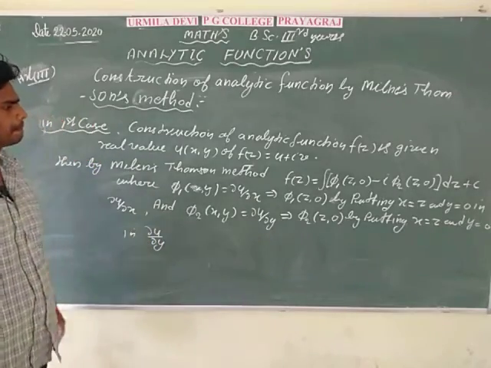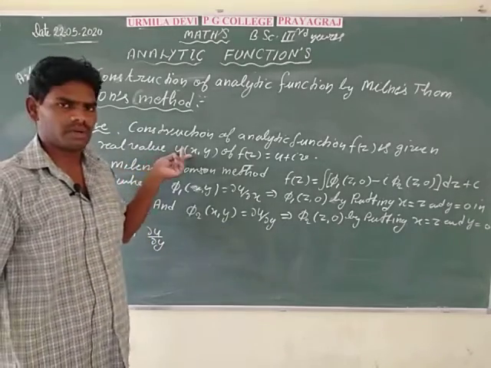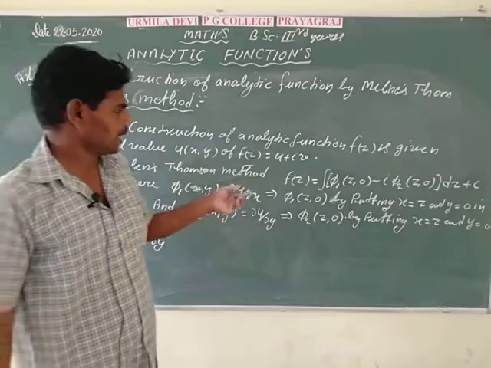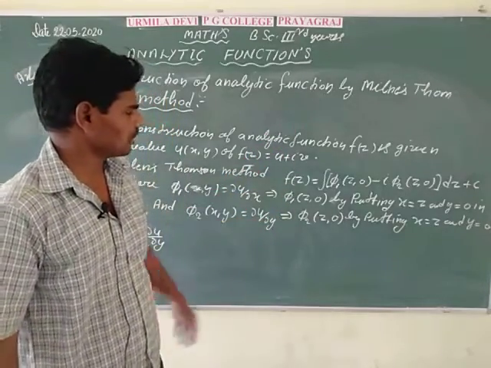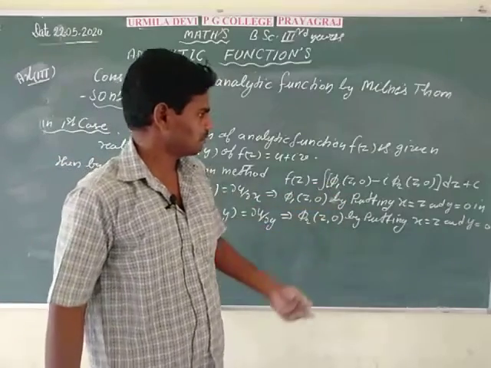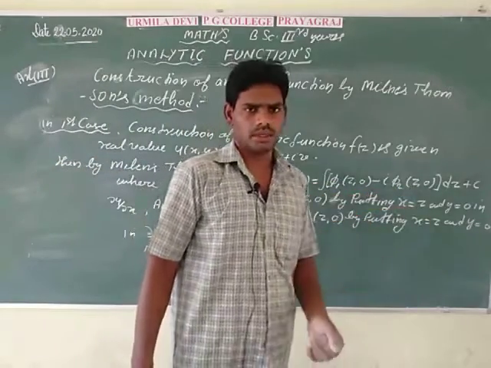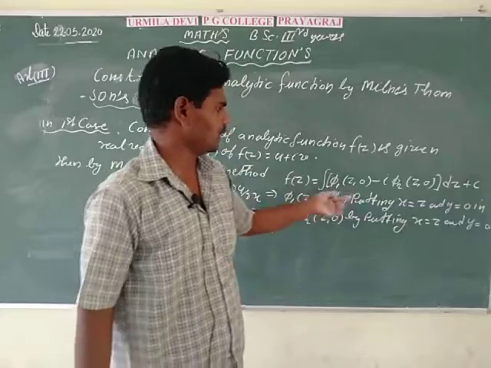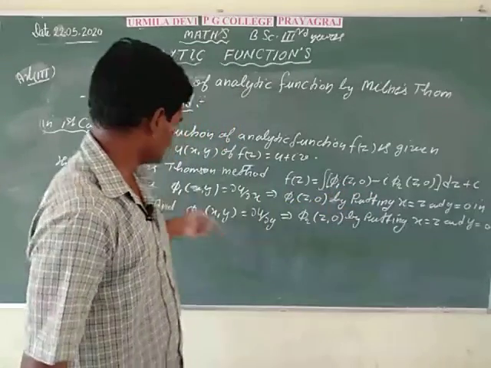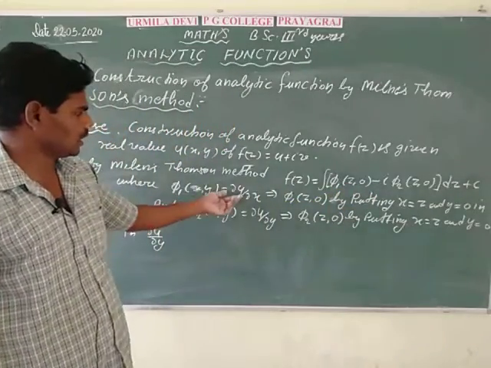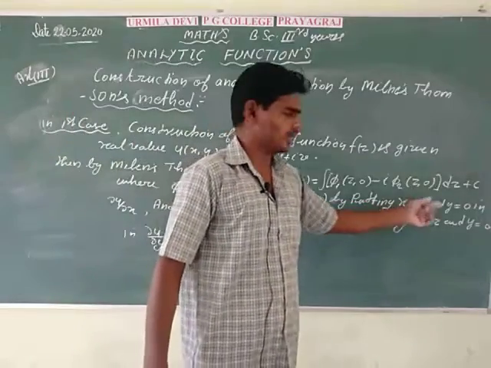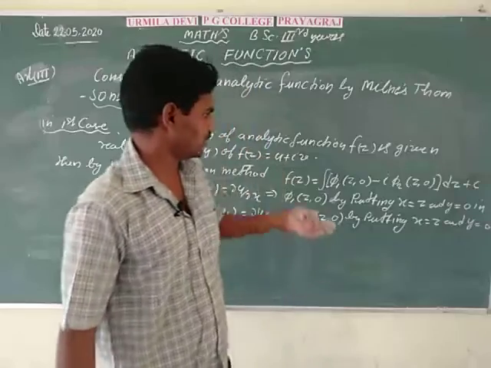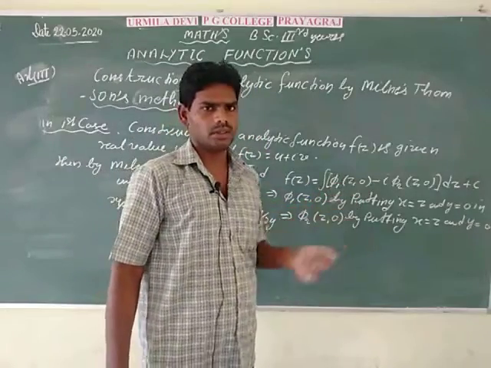So if given real value, then by MT method the construction of f(z) is equal to phi 1(z, 0) minus i times phi 2(z, 0). First calculate the values of phi 1 and phi 2 by these rules. Phi 1 is equal to del u by del x. After that, putting x equal to z and y equal to 0, we get the complete value of phi 1(z, 0).